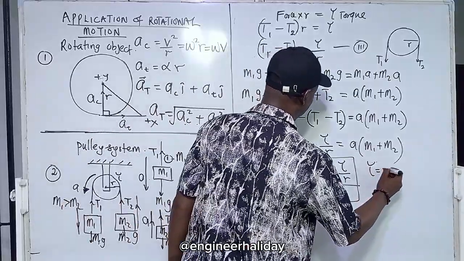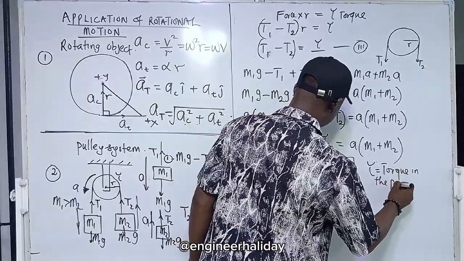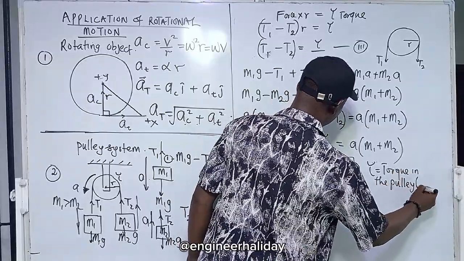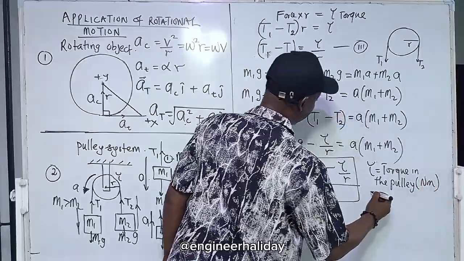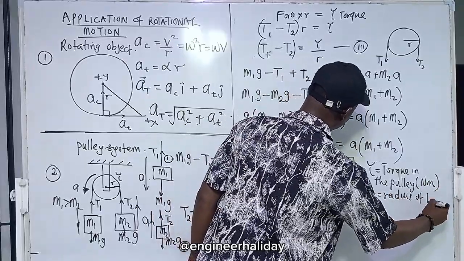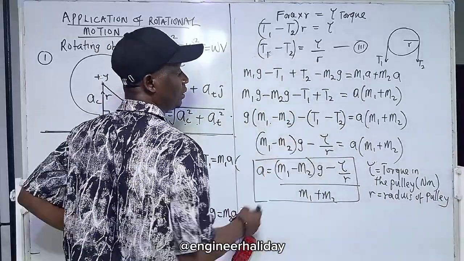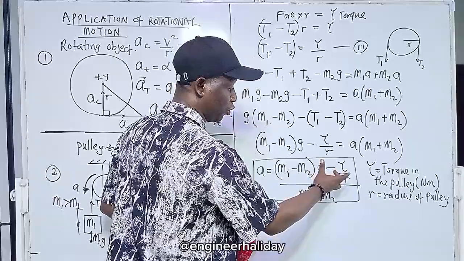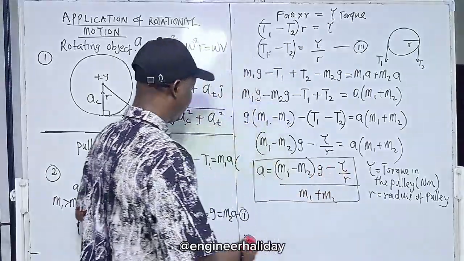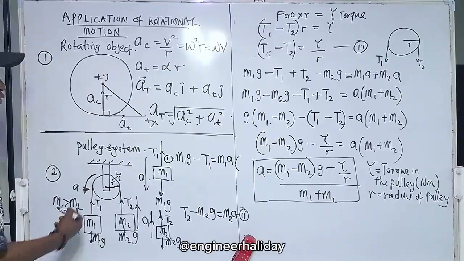Here, tau is the torque in the pulley, which will give us Newton meter. R is the radius of the pulley. So they will not give you different tensions. Don't expect them to give you. Most of the time, they give you the torque of the pulley system and the radius.